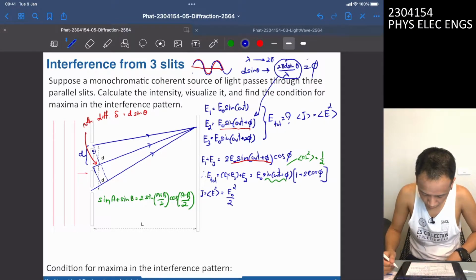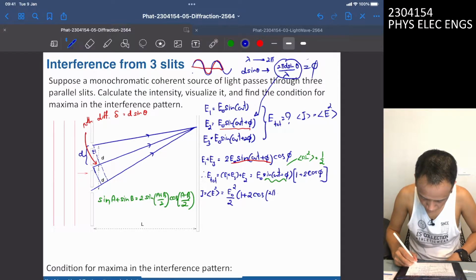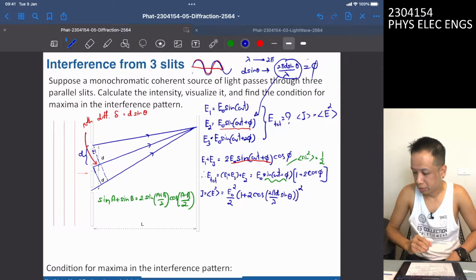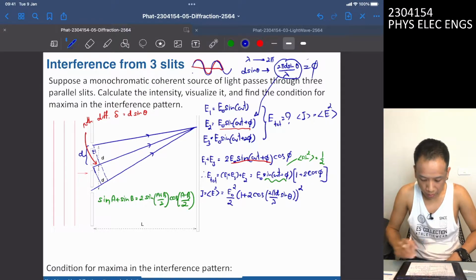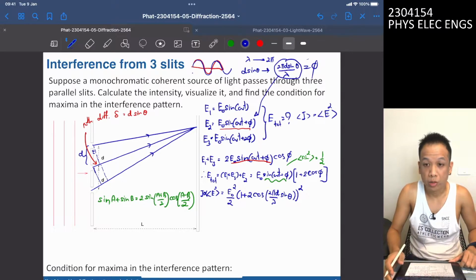And then you're going to get 1 plus 2 cosine, and then what is phi? Phi is 2 pi d over lambda sine theta, and then square. I should say this is proportional.